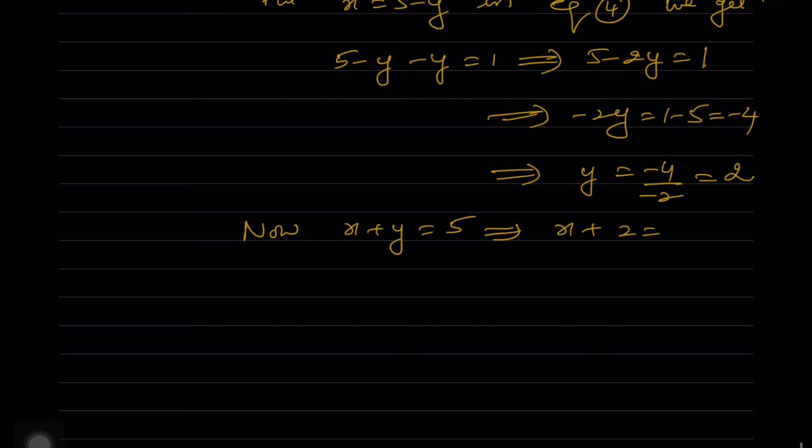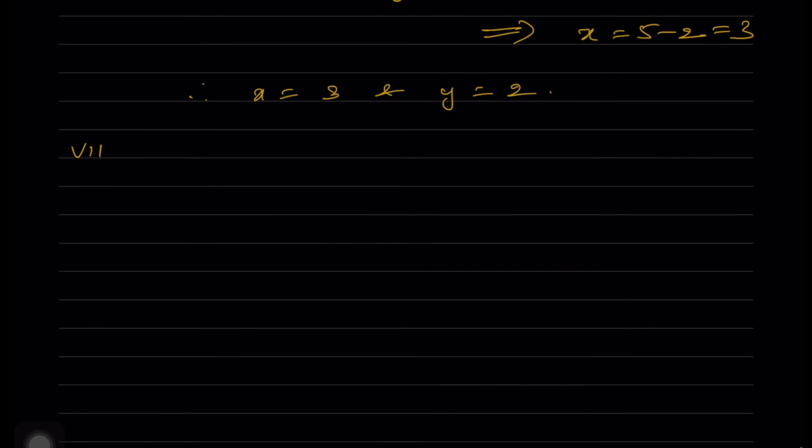Now substituting the value of y in one of the equations, that is x is equal to 5 minus y, we get x is equal to 3 and y is equal to 2. This is the solution of the given pair of linear equations.